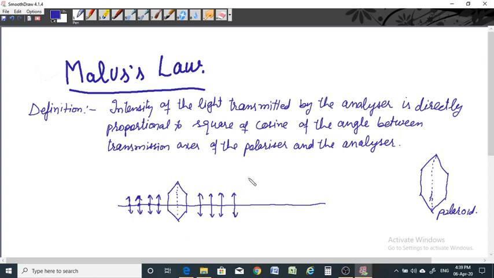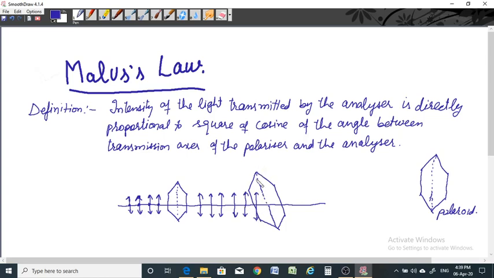And here we insert an analyzer, and it is making an angle theta with the polarized portion of light.